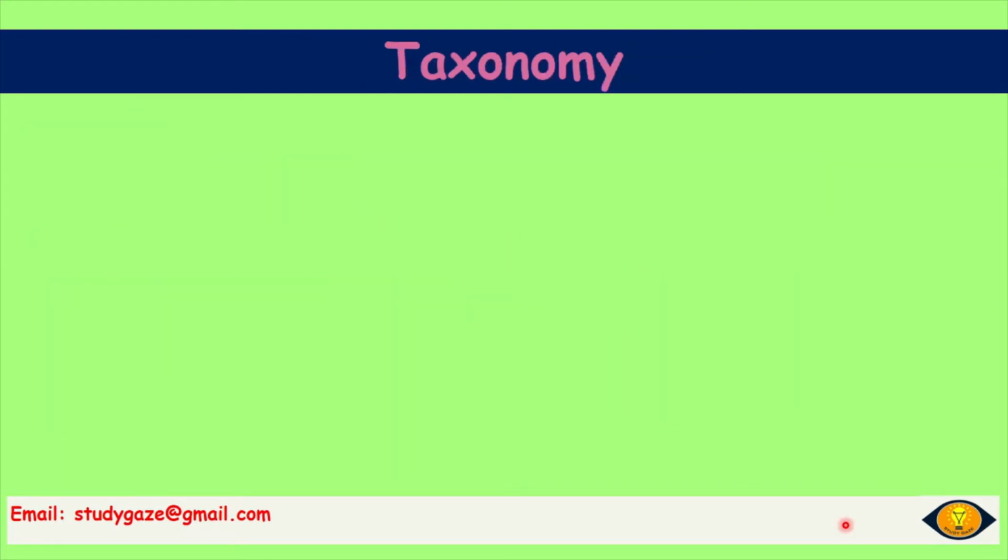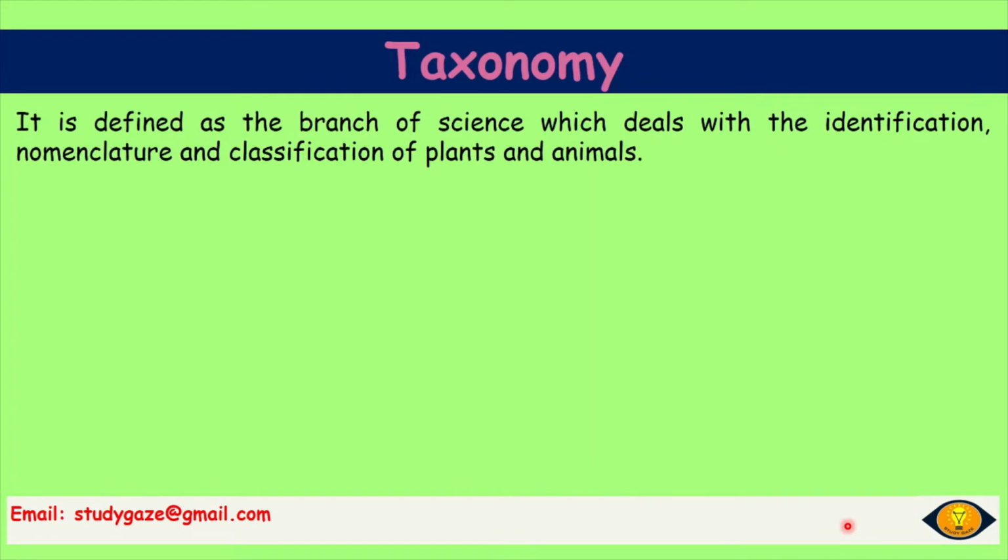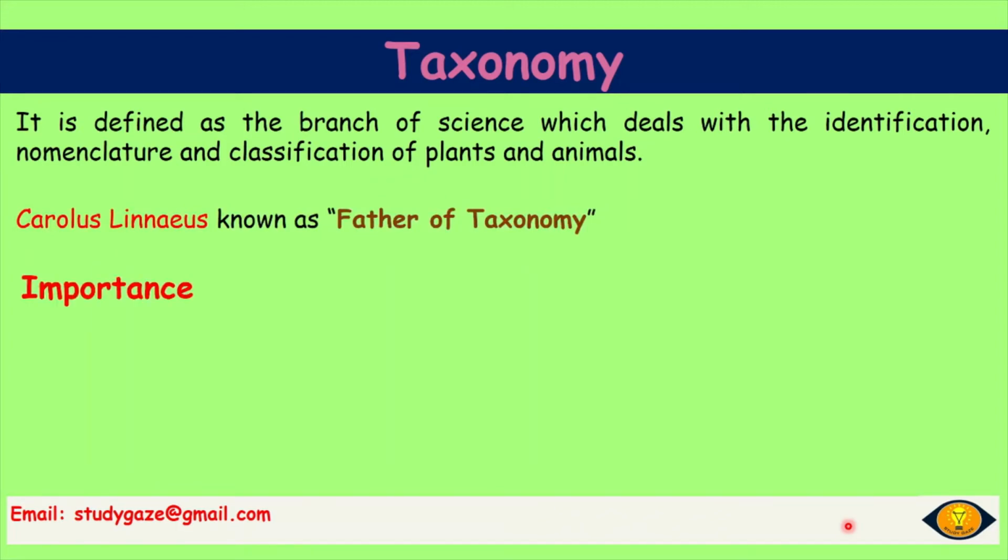Let's talk about taxonomy. Taxonomy is defined as the branch of science which deals with the identification, nomenclature, that is the naming, and classification of plants and animals. Carolus Linnaeus is known as the father of taxonomy.